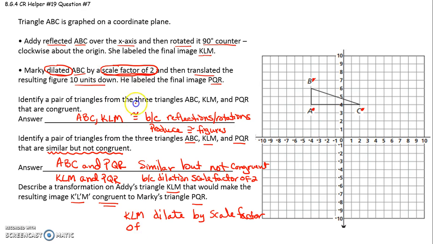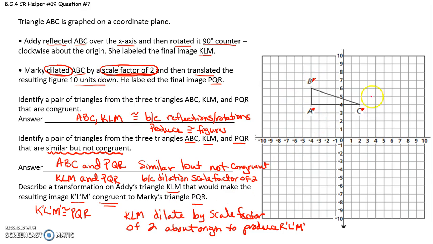Okay, a scale factor of 2 about the origin to produce K prime, L prime, M prime. Then you're guaranteed that K prime, L prime, M prime will be congruent to P, Q, R because they both are a blown up version of the original with matching scale factors.